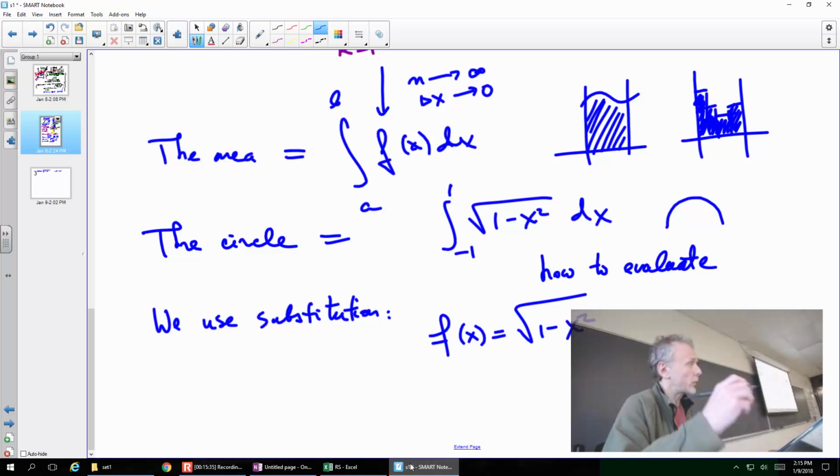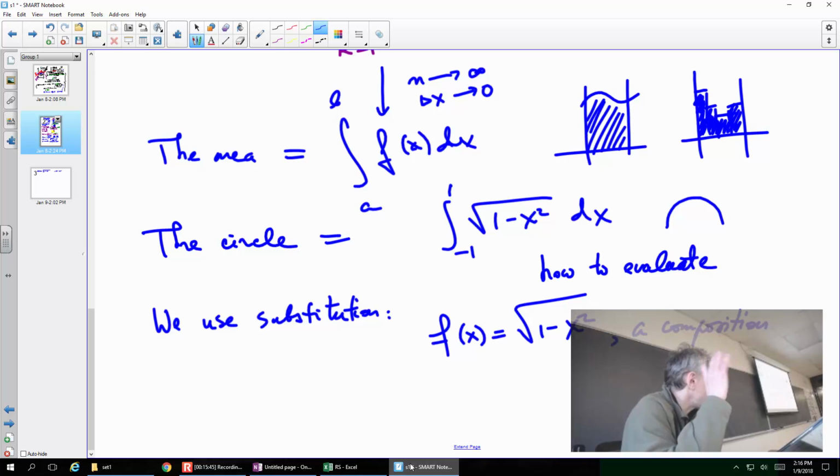Not just complicated, we look at it carefully and we realize this is a composition, which means that it is computed in consecutive steps. When you start with x, then you take x squared, then you do 1 minus x squared, and then you take the square root of that.